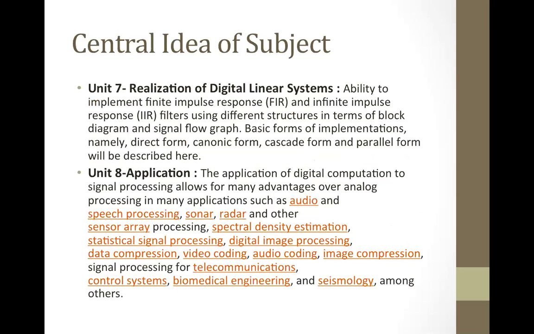Then chapter number 7. Whatever we have designed, we should have hardware upon which we can implement the complete setup into an IC, and for that purpose different hardware elements are required. Here, realization of a digital linear system means that we now want to convert the system into digital hardware.